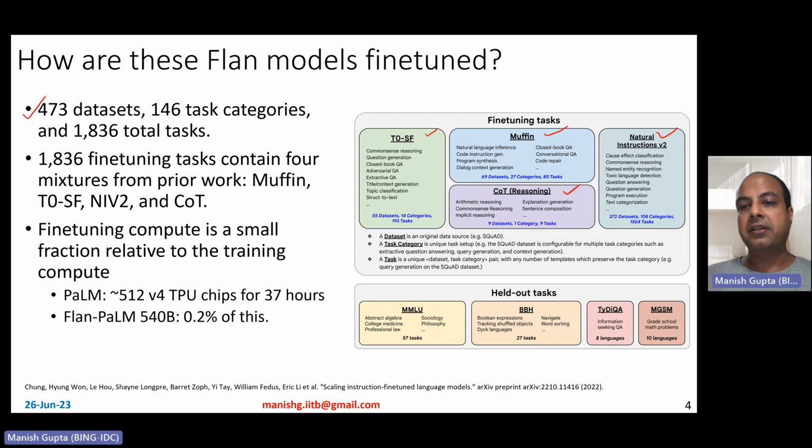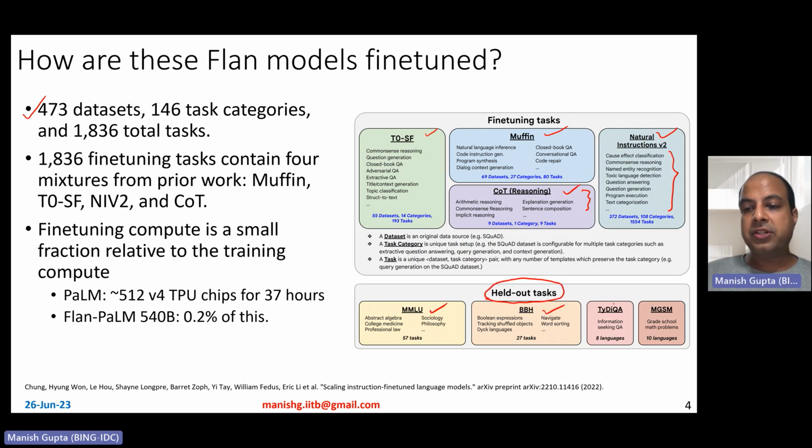Muffin tasks include natural language inferencing, question answering, program synthesis, code repair tasks, and so on. T0SF tasks include more of common sense reasoning, question generation, question answering, topic classification, and so on. Natural instructions include a whole variety by itself. And then COT, the chain of thought reasoning, also includes various kinds of tasks like arithmetic reasoning, common sense reasoning, and so on.